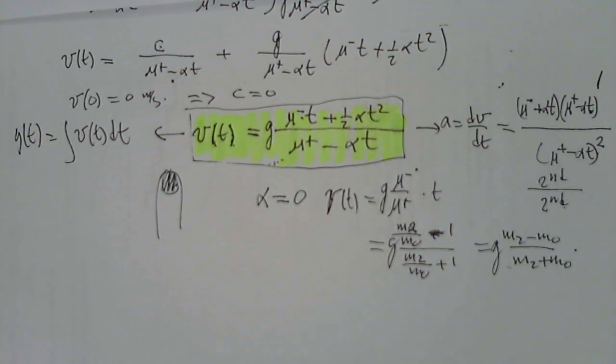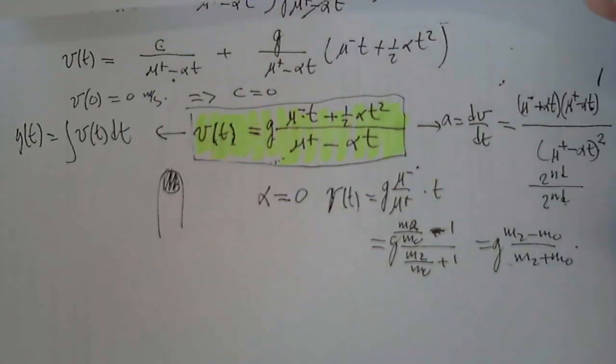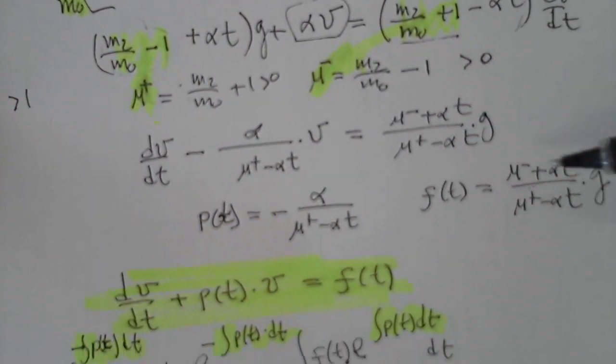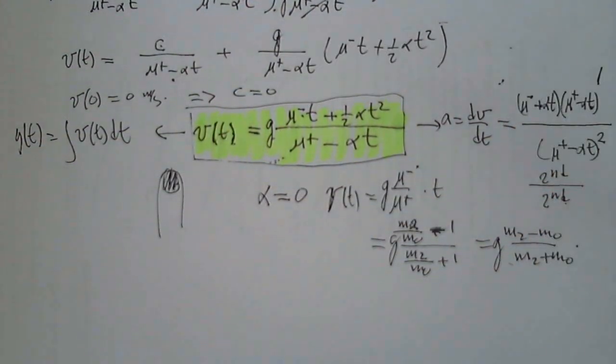So this is the equation. I forgot to put the constant g on that side of the equation, that is here, and then here, and then in the other places. Okay, so this is the solution.